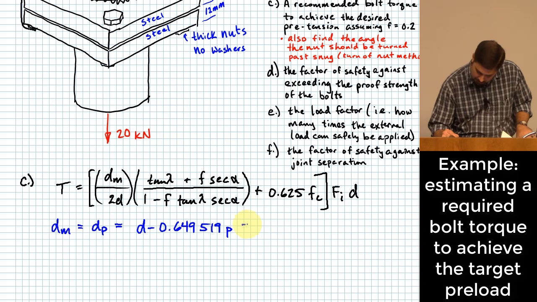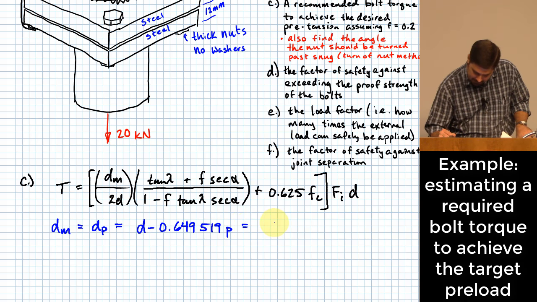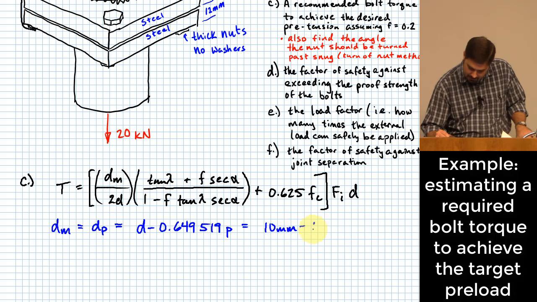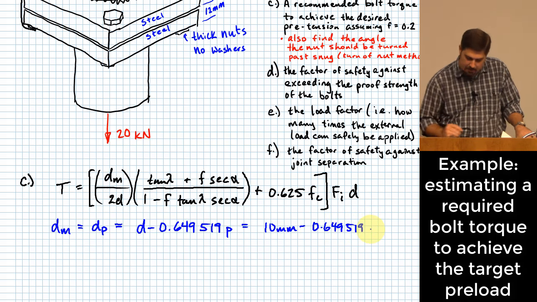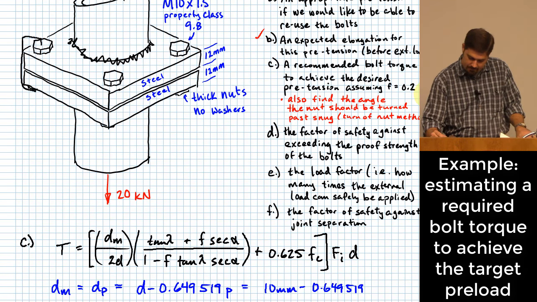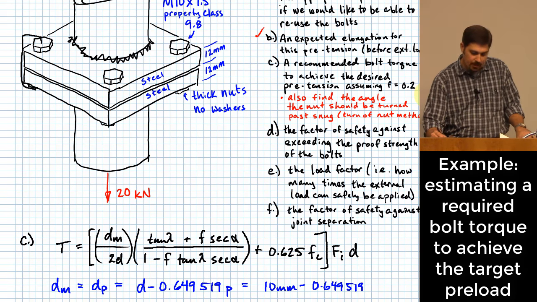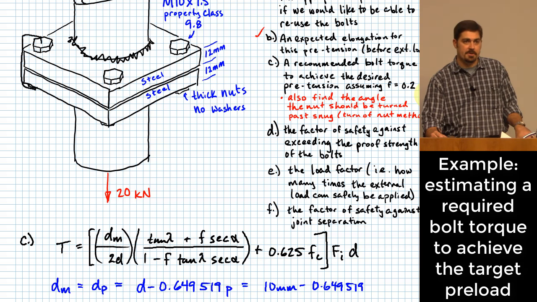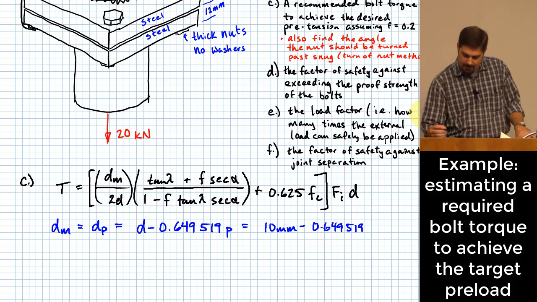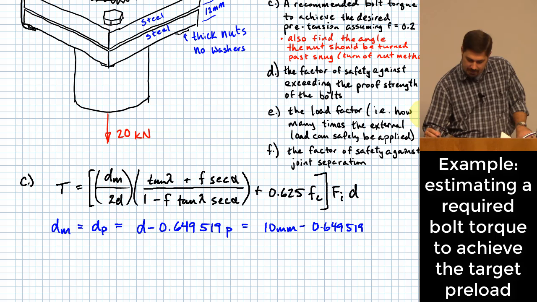Okay, and so what we're going to do here is put in D was 10 millimeters minus, again, 0.649519 times, what's the pitch for this nut? Okay, you can just directly use the 1.5 millimeters because it's a single thread, which you can assume unless it gives you otherwise.